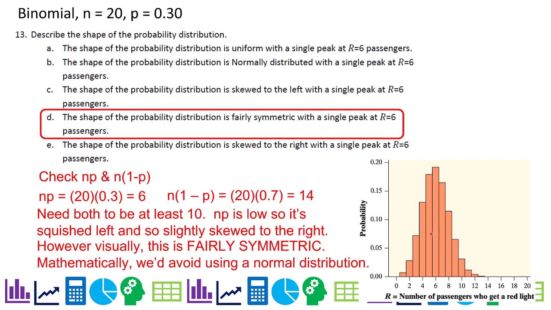It is fairly symmetric, which brings us to something you're going to see in the future. When you're presented with a visual like this, even if there's a very slight skew, go with fairly symmetric, because a lot of times, if you were just looking at this visually, and they asked, could we use a normal distribution here? You would say yes. Based on NP and N times 1 minus P, we can say there's actually a slight skew to the right.